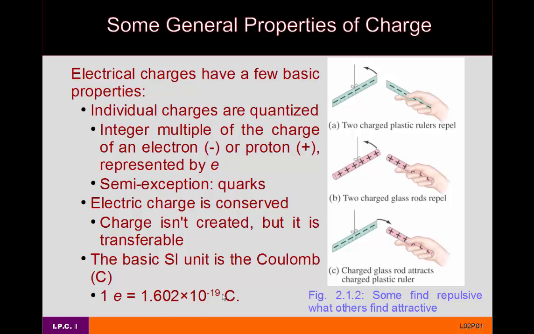So if you invert this number, you get how many electrons you need to get a charge of -1 coulomb. Or if you invert this number, you get how many protons you need to get a charge of +1 coulomb. So this is quite a small number for the charge of an electron, or quite a few electrons that make up a coulomb. In a later set of lectures, I'll discuss a more practical operational definition for the Coulomb.